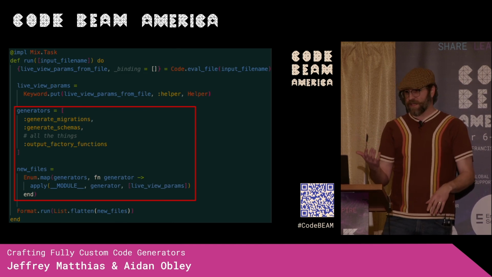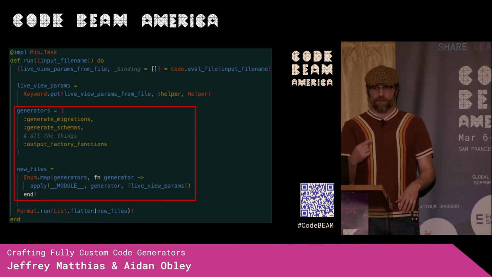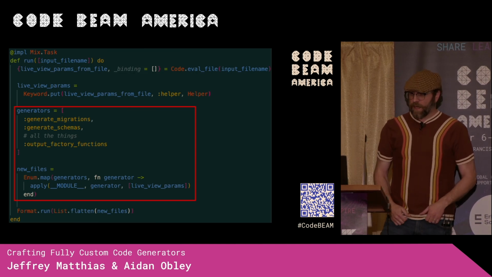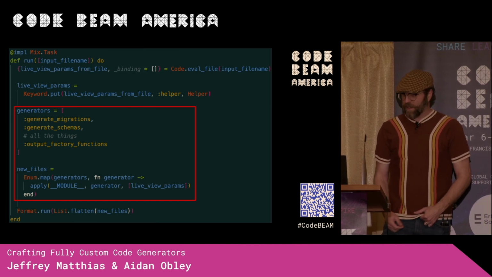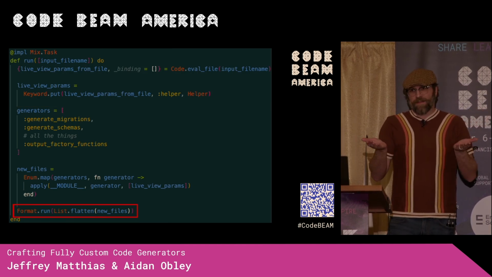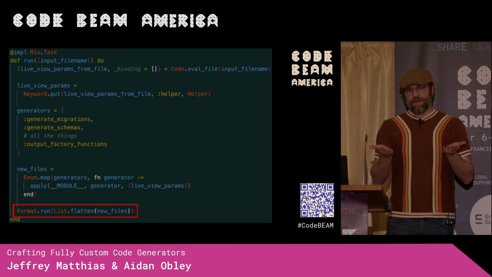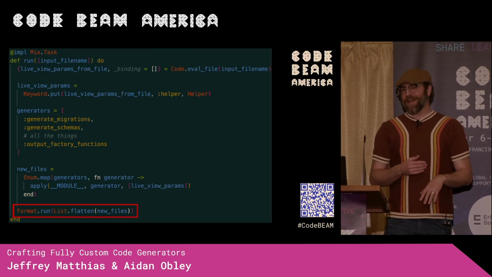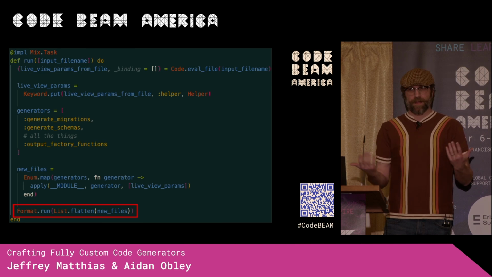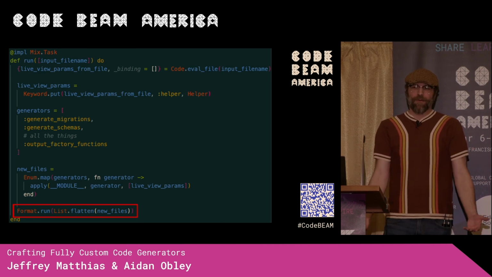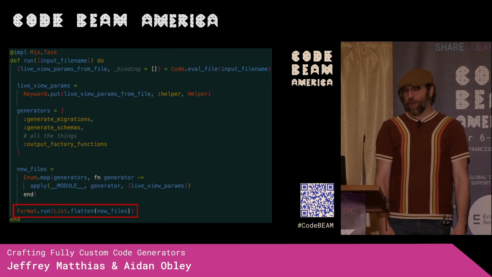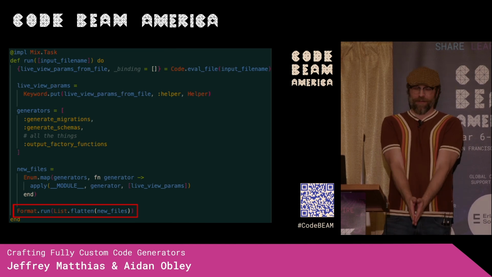The one catch is that every one of these functions needs to return the file names of the files that they created, and then we run mix format on a flattened list of the files. That way we don't have to spend nearly as much time. We originally spent way too much time trying to line things up and make them look right, and at some point we were like, wait, there's a tool for this. It's embarrassing how long we spent working on this before we realized we could just cheat.